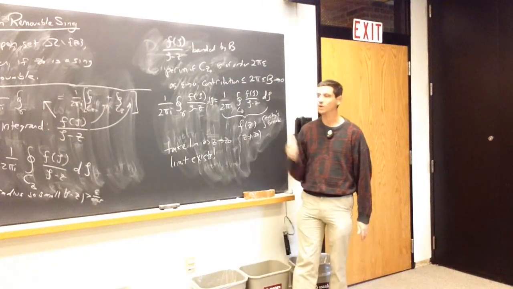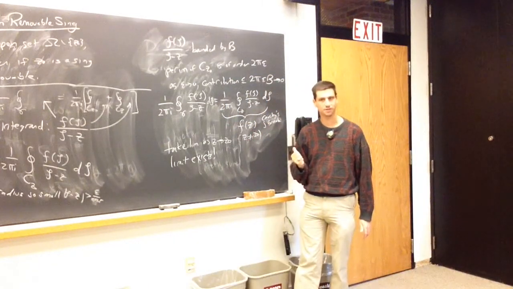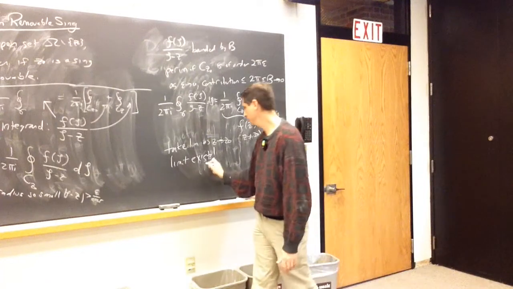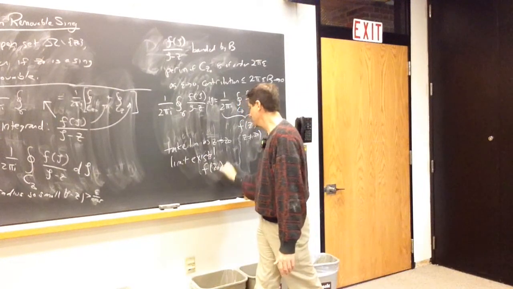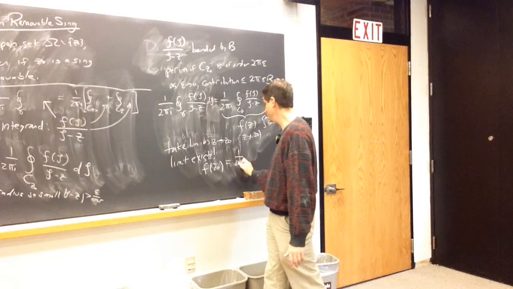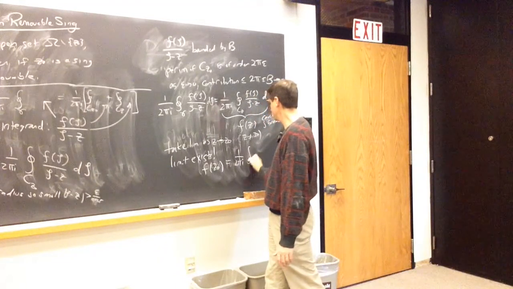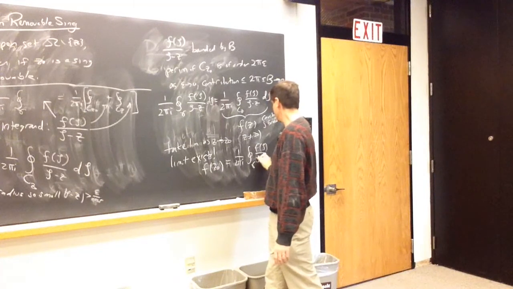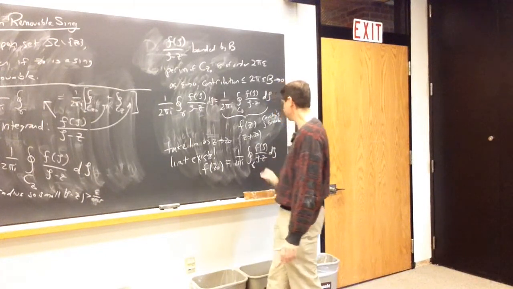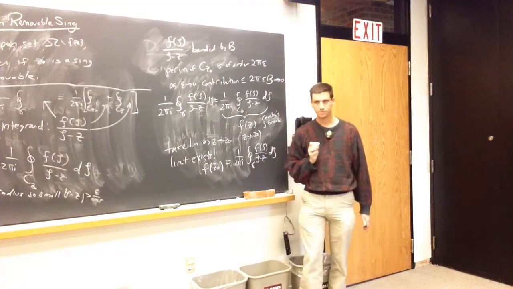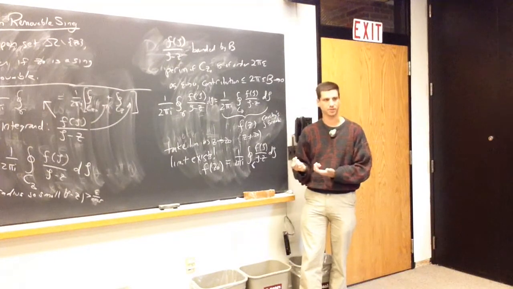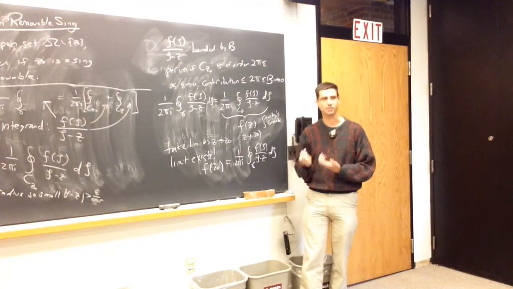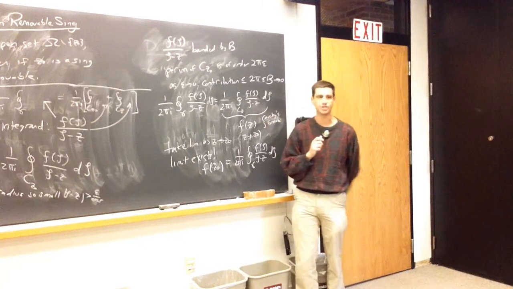So we've now found a way to define the function at z naught. f of z naught is just going to be 1 over 2 pi i, the integral along gamma of f of zeta over zeta minus z d zeta. So this goes back to the idea of taking the limit. We take the limit using Cauchy's integral formula.